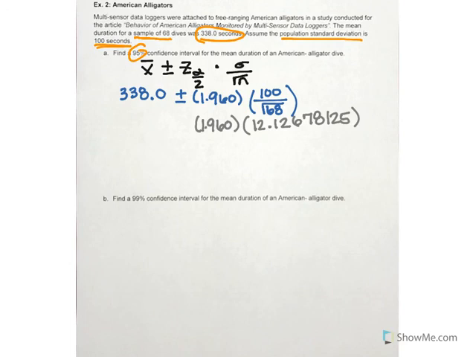And that would give us an error of 23.76849125 that we're going to add and subtract from 338.